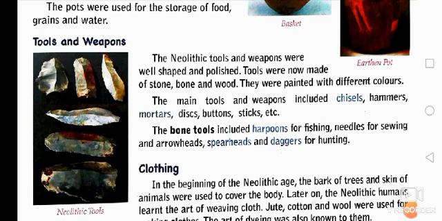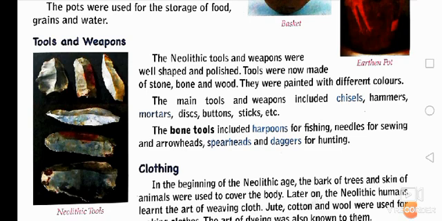The bone tools included harpoons for fishing, needles for sewing, arrowheads, spearheads, and daggers for hunting. Harpoon means a barbed spear like missile attached to a long rope.